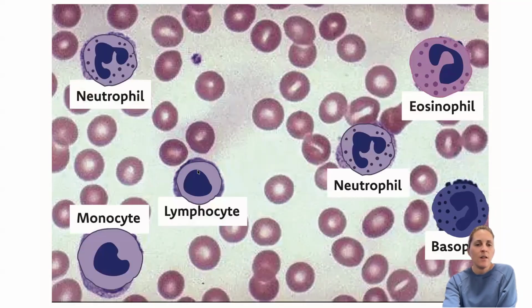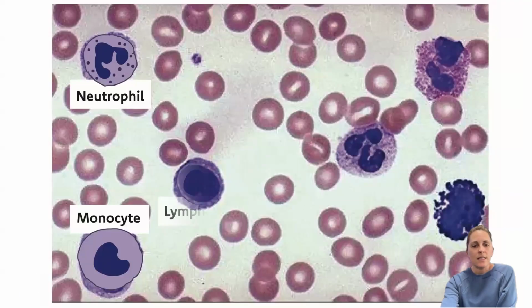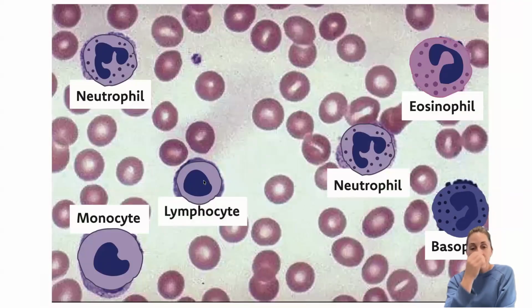All right, then right here we have a lymphocyte. And the thing about lymphocytes is that you can't tell if you're looking at a B cell, a T cell, or an NK cell without identifying what proteins are being expressed on the surface of those cells. So all we can say is that's a lymphocyte.